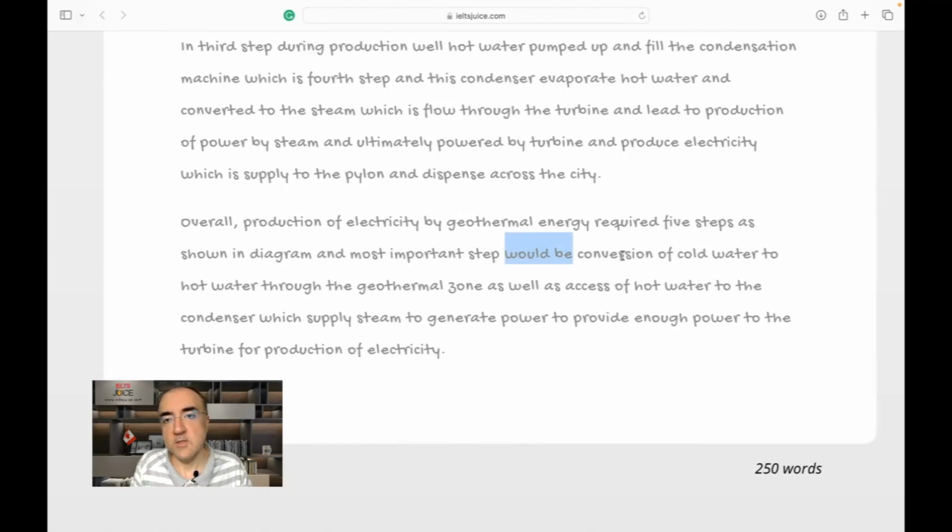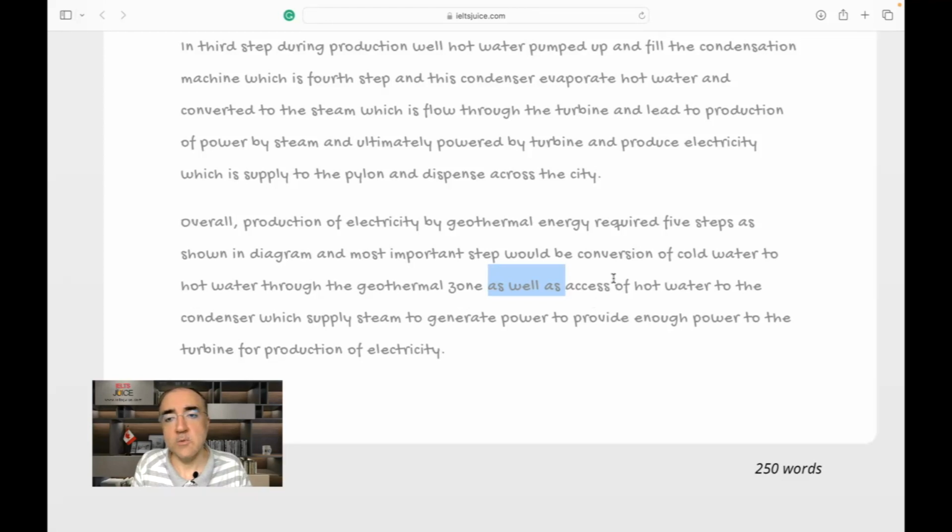Conversion of cold water to hot water through the geothermal zone, as well as, so the most important steps are two or more than one. Access of hot water to the condenser.